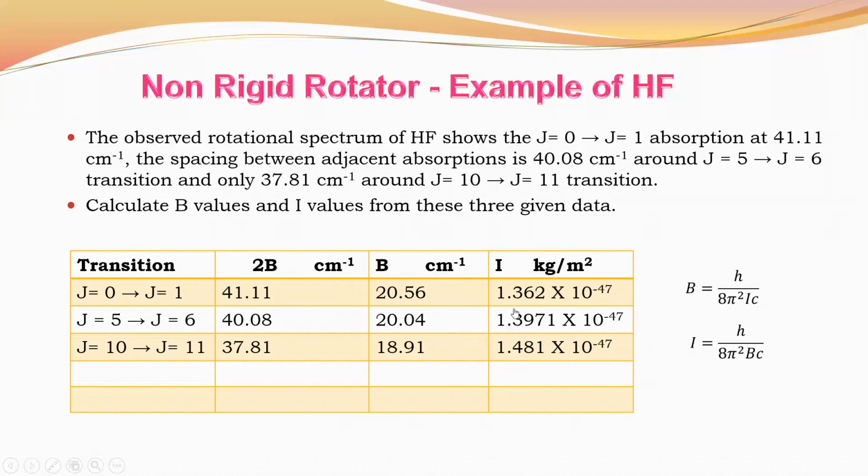So when we look at the values, the moment of inertia at the lower value of J is 1.362, and for higher values it is 1.3971, into 10 raised to minus 47, and at very high values it increases.